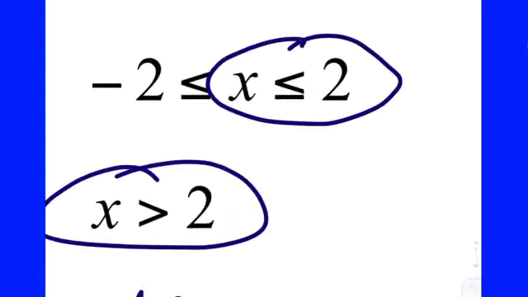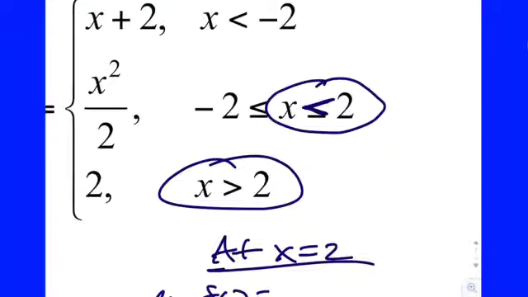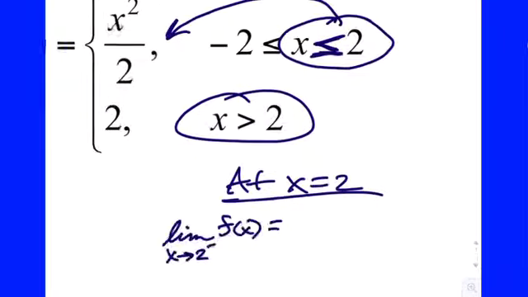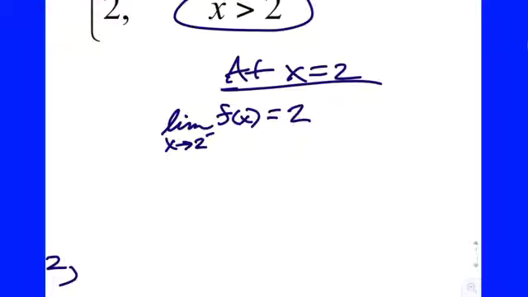So notice you can already tell that the left-sided limit and the function value are the same, right? Because it's less than or equal to. They're built by the same company. They're going to get them in the same place, okay? So your road coming in from the left and the bridge are going to be the same value. They both use the middle piece, so by direct sub you get 2. So that's going to be 2, and f of 2 is also going to be 2.